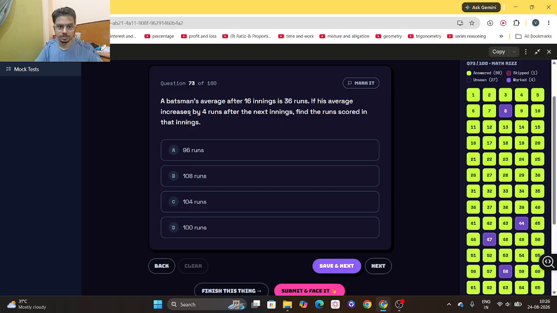If his average increases by 4 runs after the next innings, find the runs scored in that inning. 36 into 16 is 576. The new average is 40, so 40 into 17 is 680. 680 minus 576 is 104.